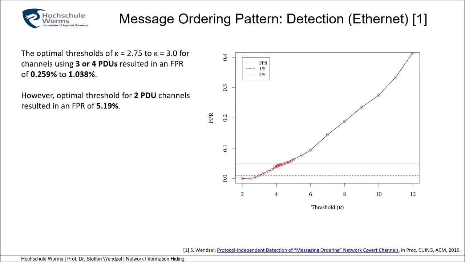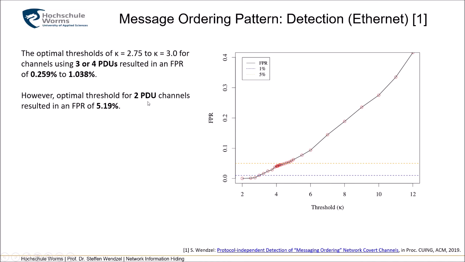The optimal threshold for 3 and 4 PDU channels was between 2.75 and 3.0 for kappa. This resulted in a false positive rate of between 0.26 and 1.04% approximately, which is pretty nice. So the dashed line here is a 1% false positive rate, while the orange one is a 5% one.